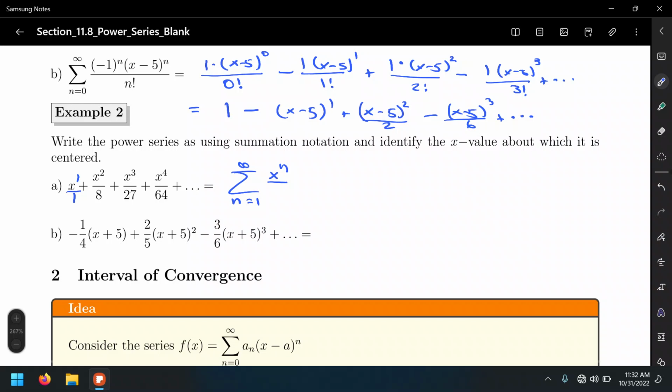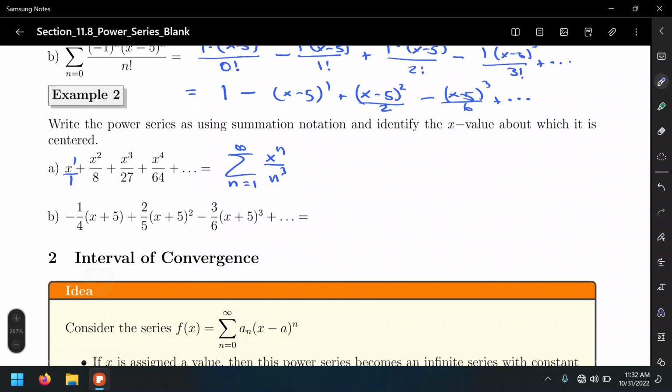What do we have? 1, 8, 27, 64. Does anybody recognize that sequence? Cubics, all right? n to the third power should work. 1 cubed is 1, 2 cubed is 8, 3 cubed is 27, 4 cubed is 64, 5 cubed, well, 125, etc. All right?